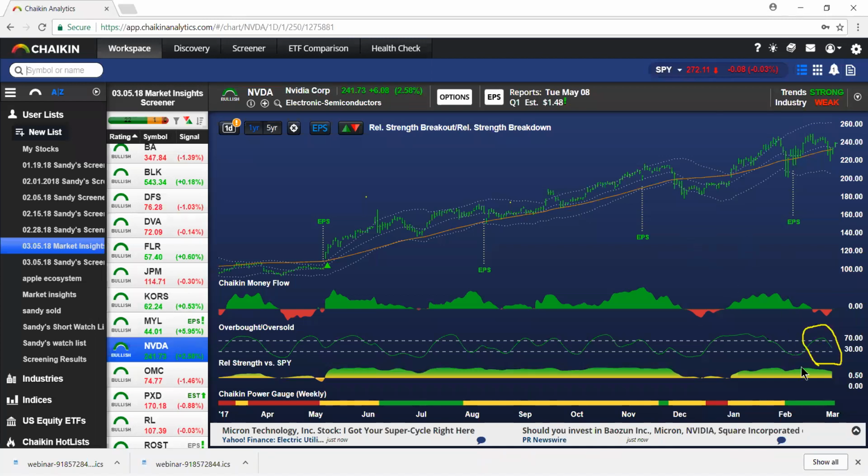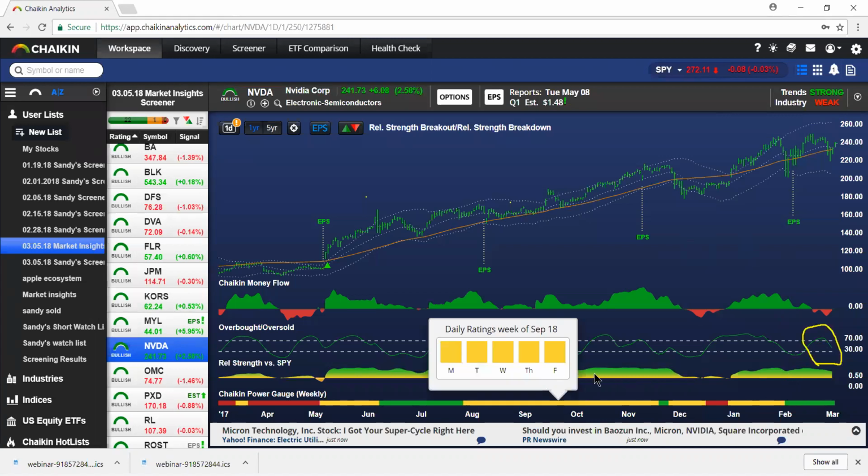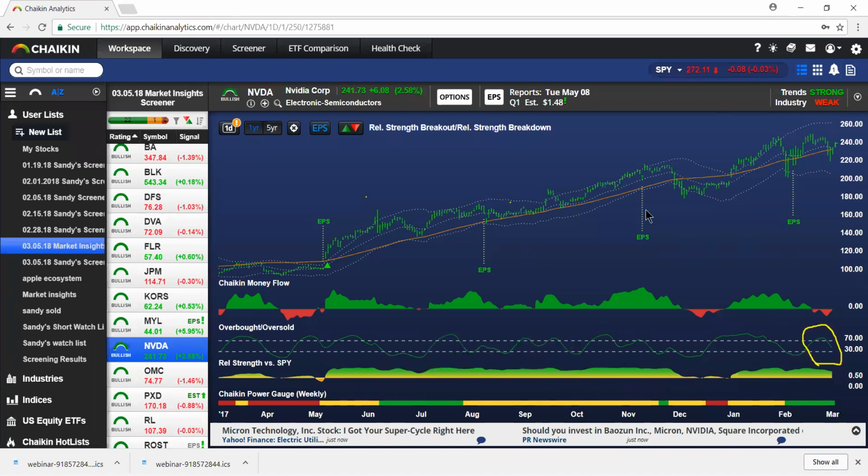And the power gauge has turned bullish and everything else is bullish. But you can see even with a neutral power gauge, this stock had a very nice trend line. So I'm going to jump to another list. But that's basically what I look for, a nice trend like this.